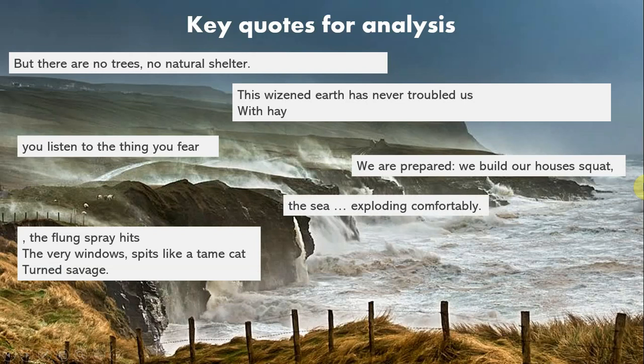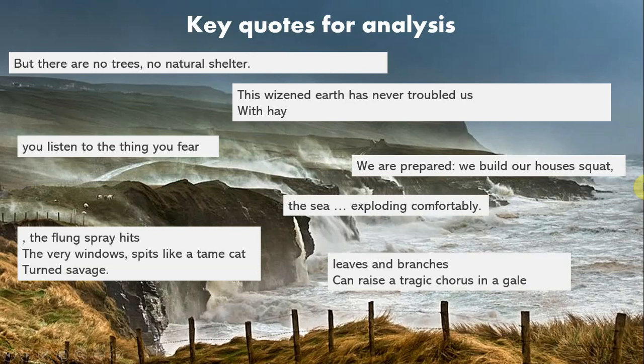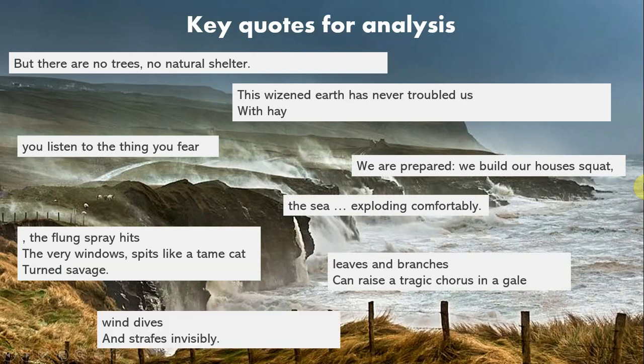And each of these can be taken apart and analysed in detail, which is what we're going to do today. You can come back to this slide anytime you need to help you out in terms of remembering the quotations, but you also have these on your annotated copy of the poem, so you might want to pick these out with a star or an asterisk or something.